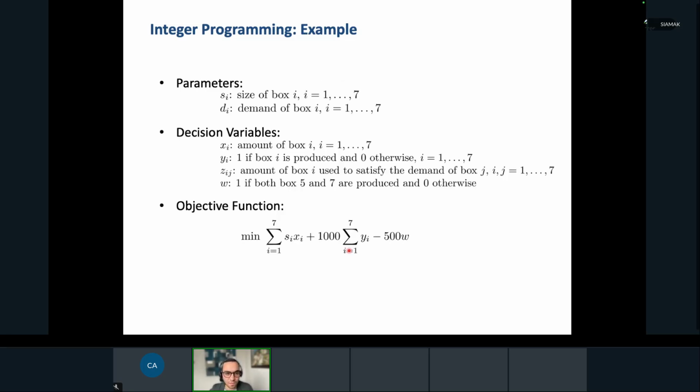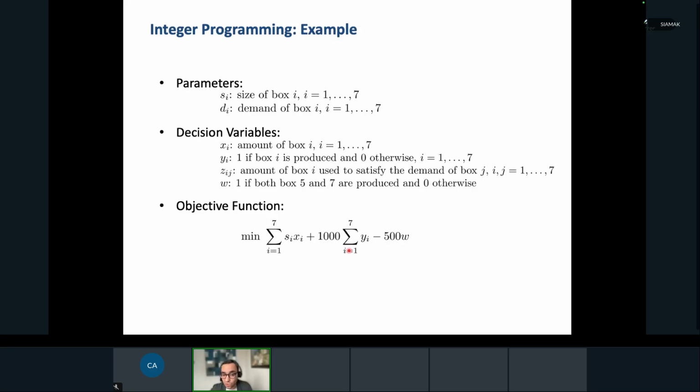So we have xi, which is the amount of the boxes that we have to produce, yi, whether or not we are producing each of these boxes, zij, which is the amount of box i used to satisfy demand of box j. And then we have W.